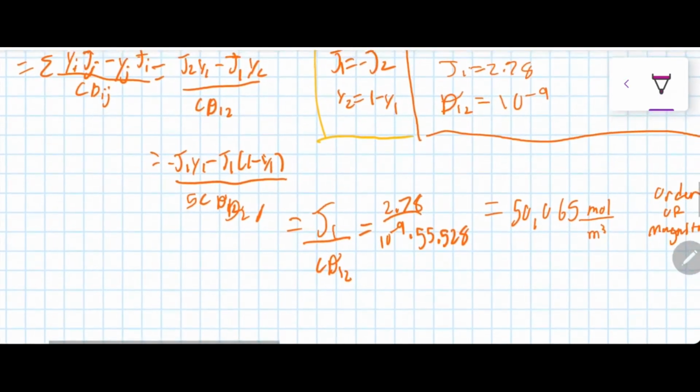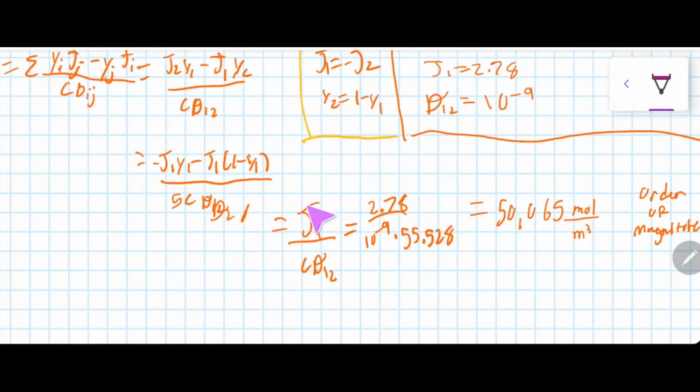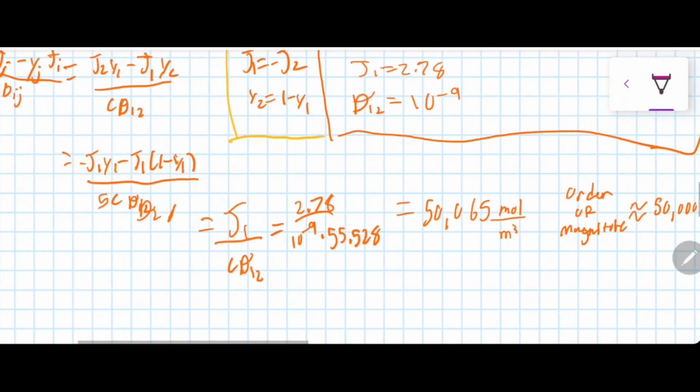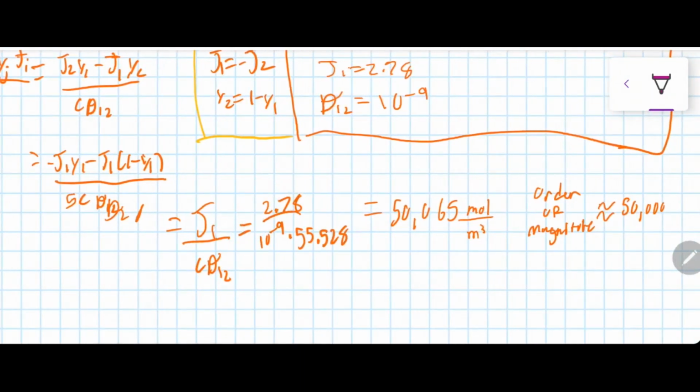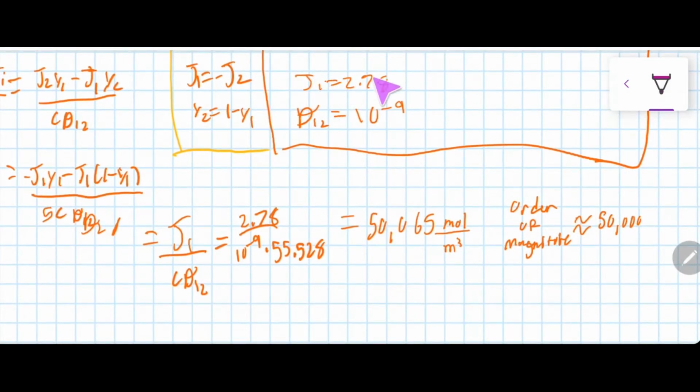So we can go ahead and plug that in for Y2, and we can simplify that to get this equation here, and we can plug in what we have. We know that the molar diffusive flux of substance 1 is equal to 2.78, and that the diffusion coefficient is 10 to the negative 9. So we go ahead and plug those both in.